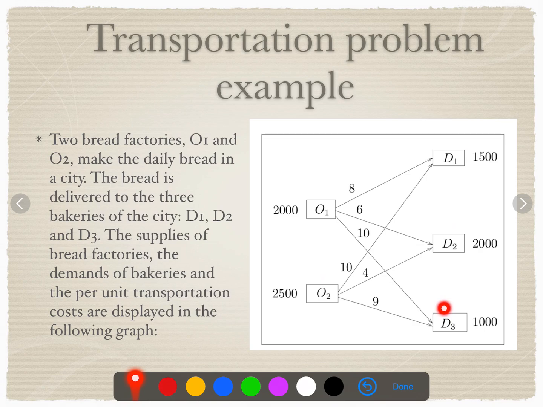There are three bakeries D1, D2 and D3. Factories supply bread to bakeries.